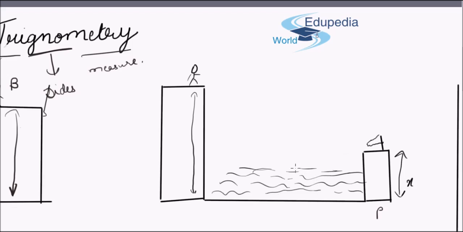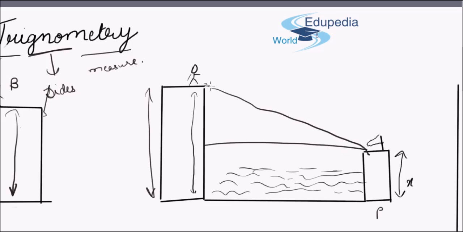If he has to find out the height of this temple, he can easily do so by using trigonometry, if he knows the height of his house and the angle from the top of his house to the top of the temple, by applying trigonometric ratios.